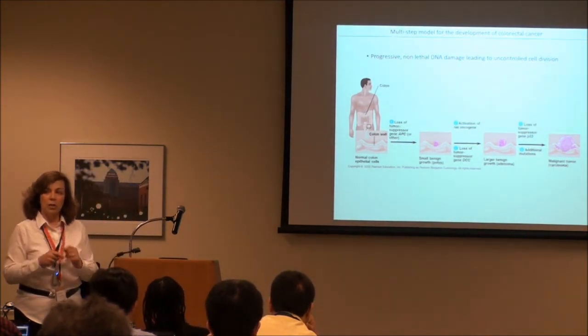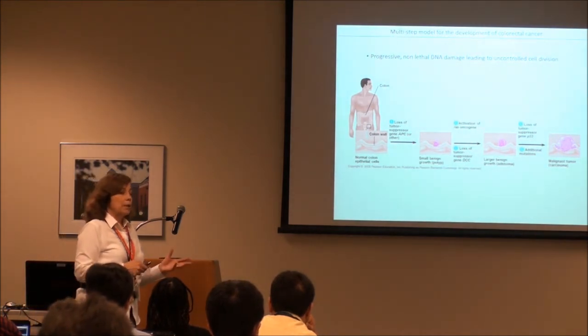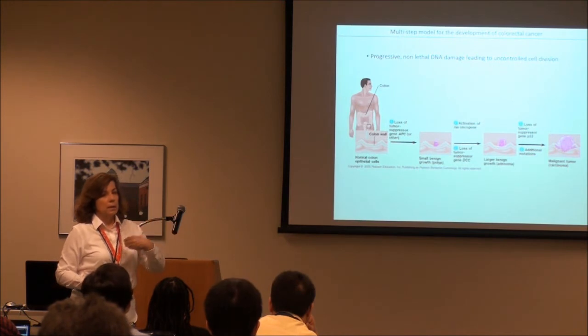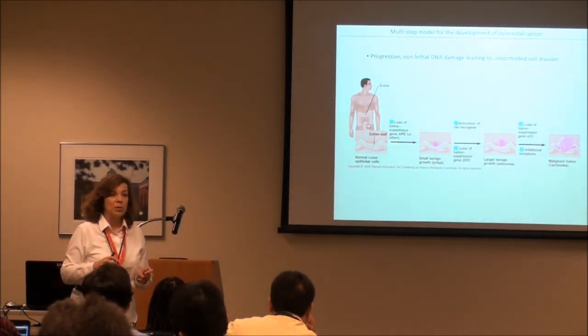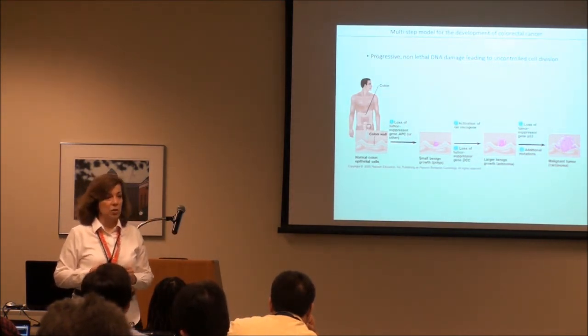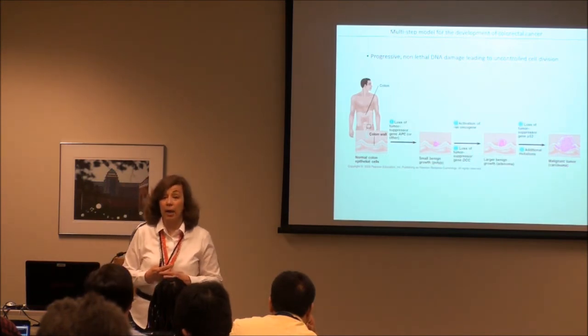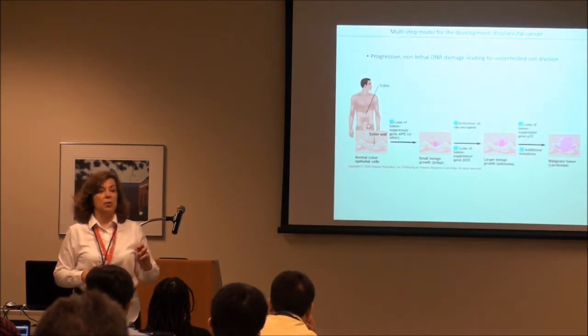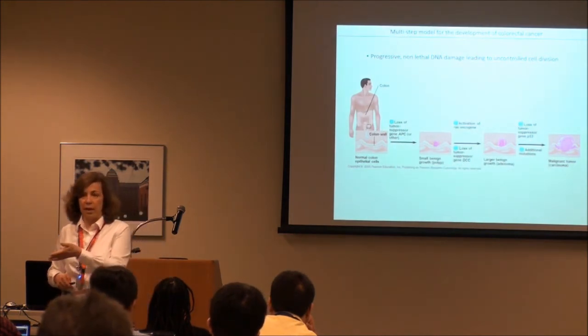So there is a multi-step process, but you also heard that some people have a higher possibility of acquiring certain cancers, and they do genetic screening. Why? Because we know what genes need to get transformed in order to get certain cancers.